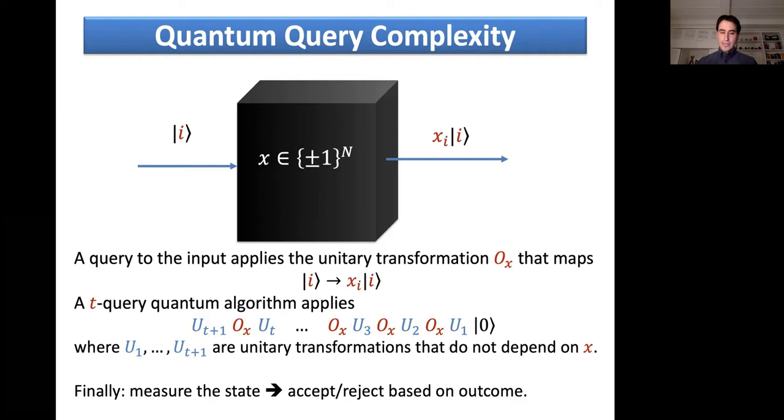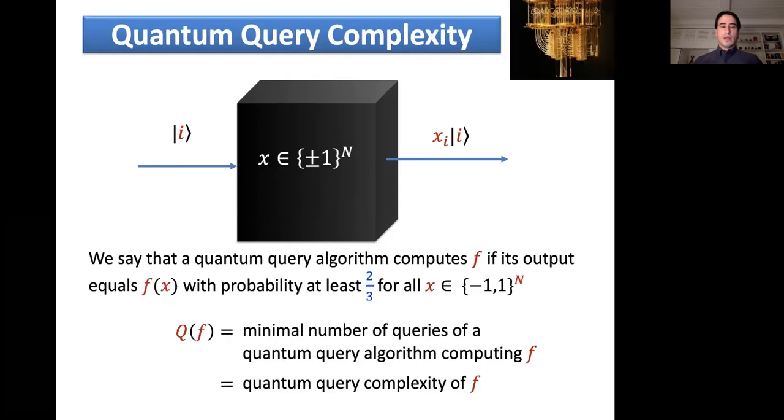Finally, you measure the state and you get some string, and you decide to accept or reject based on the string that you got. A quantum query algorithm computes a function if it outputs the correct value with probability at least 2/3 for every input x. And this naturally defines the analog of the randomized decision tree in the quantum setting.